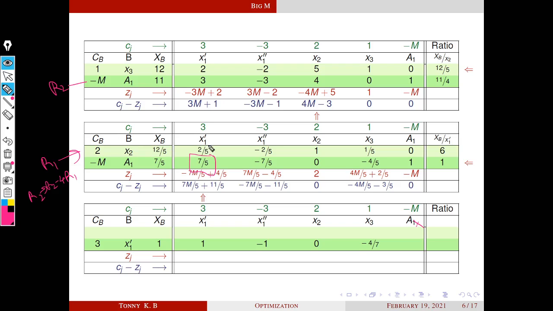Okay, next we have to convert this 2 by 5 to 0. What is the operation?